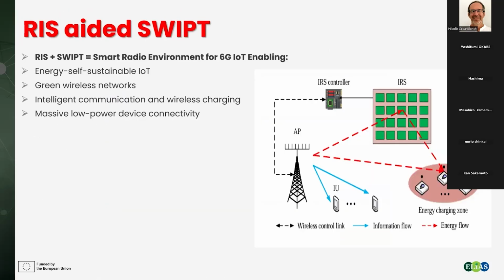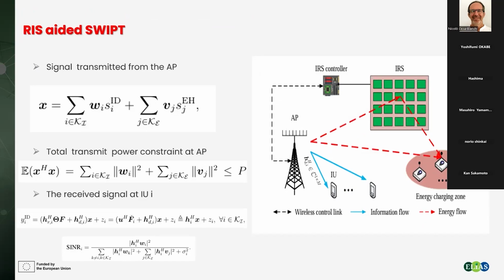So a case study for this RIS-SWIPT: we have an access point that serves energy harvesting and information users, and the transmitted signal will have two parts. This is the information decoding signal, and this is the energy harvesting signal. And then the total transmit power will be the power of the precoding matrix for the information and the precoding matrix for the energy.